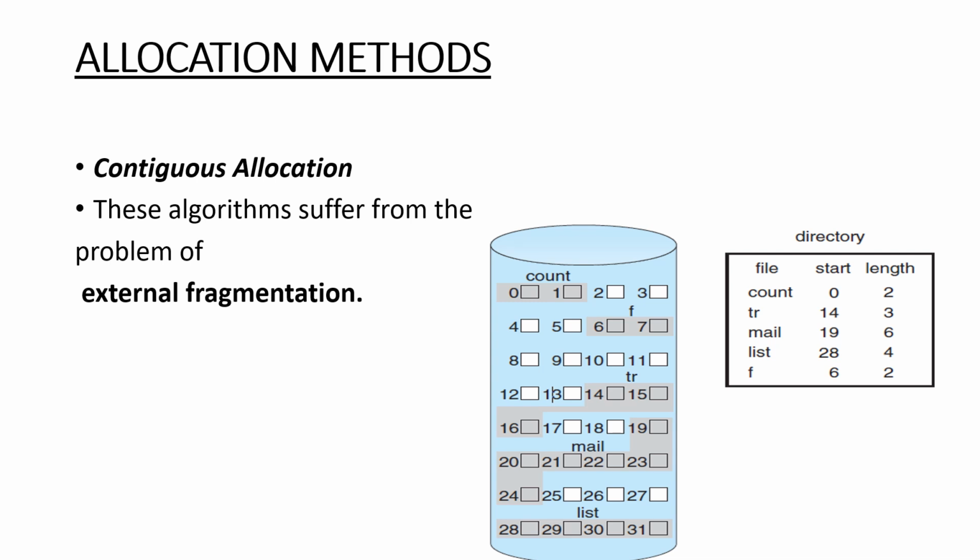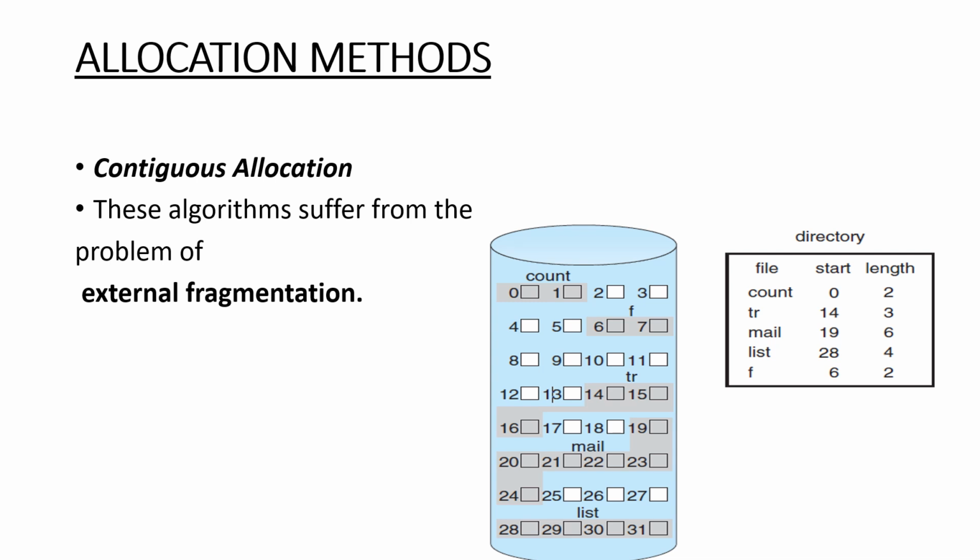Now we can see how the contiguous allocation works. On the right side, there is a directory with three columns: file, start, and length. File indicates the file name, start indicates the starting address, and length indicates the length of the file.